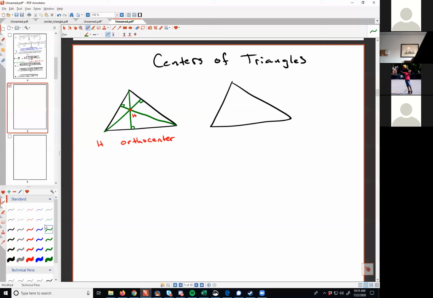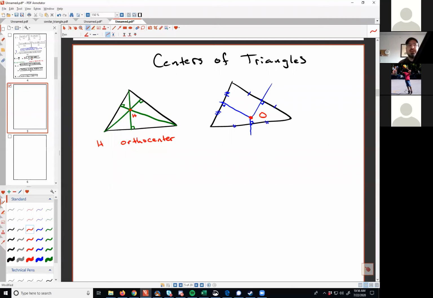Another thing that we can do is take the perpendicular bisectors of each side. We find the midpoints of each side, and draw perpendicularly. Those perpendicular bisectors also seemingly magically intersect in one point.